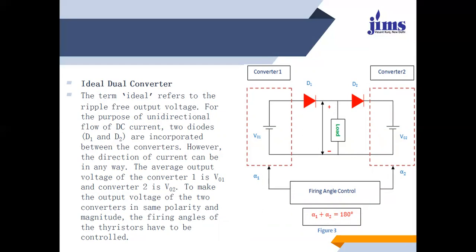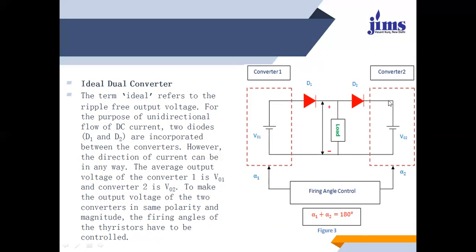To make the output voltage of the two converters the same in polarity and magnitude, the firing angles of the thyristors have to be controlled. Over here, the DC supply is delivered from V01, and this DC supply is delivered from V02. At one time this diode is working and gives the DC supply to the load, and the same supply moves towards D2.